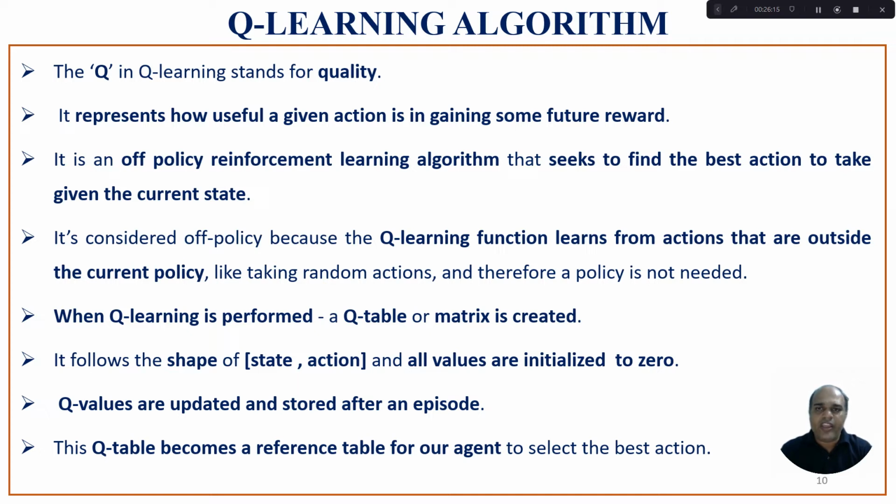For every episode, the Q values will be updated. So this Q table becomes the reference table for the agent to select the best action in the future. First we use a Q learning technique to create a Q table. Then we use this Q table with the help of the Sarsa algorithm to make the appropriate actions to be performed by the agent.